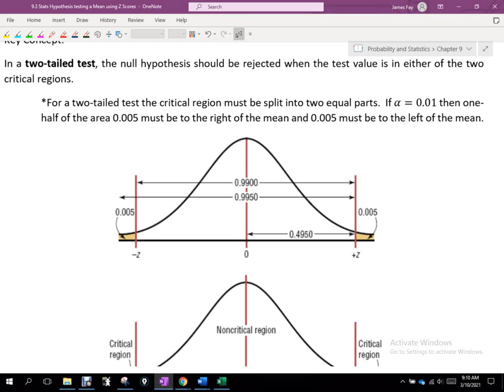If my alpha level is 10% or 1% or whatever, then the critical regions are established by using half of that alpha in the left tail and half in the right tail. So at 1% as my alpha, this region here in a two-tailed test would be half of that, 0.005, and this would be 0.005. Then we find the z-score of our sample data. If it falls in either of those, we would say that we are far enough away from the hypothesized mean to reject the null hypothesis.